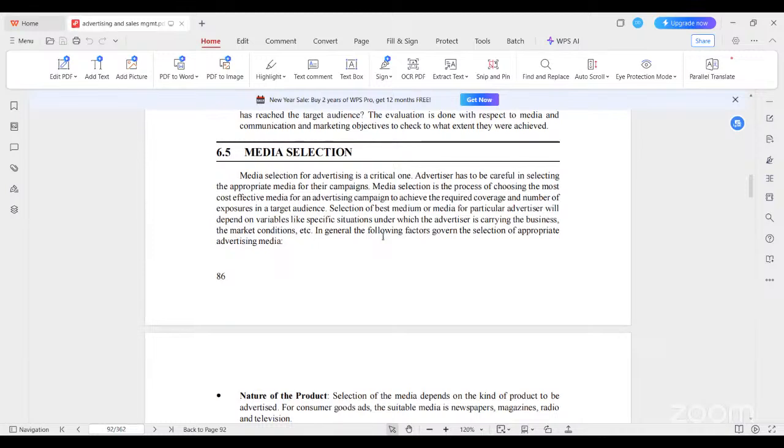For example, increasing brand awareness or generating leads, or whether they want to drive their sales. So they have to decide what they want to do with their product, what they want for their organization, whether they want to create awareness of the brand, or generate leads, or increase their sales.